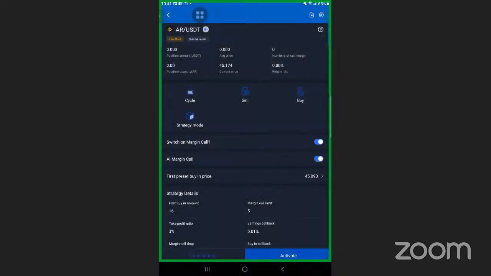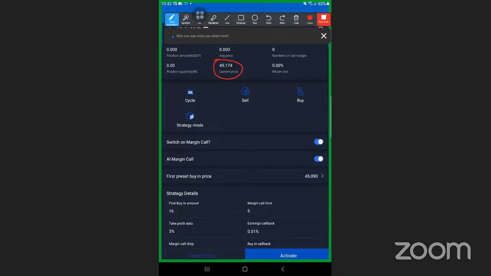So we are simply saying when we click activate, the robot will monitor this price to come down to this one. This one is lower than this one. So we don't want to buy at the current price. We want our robot to buy here. That's why I'm saying preset should always be lower than the current price. The moment this has been reached, the robot is going to buy. That's how we put in our preset price.